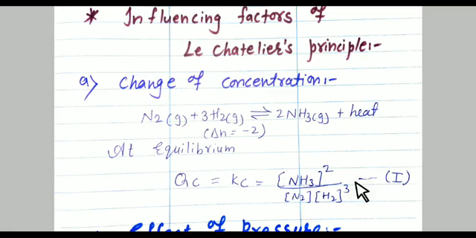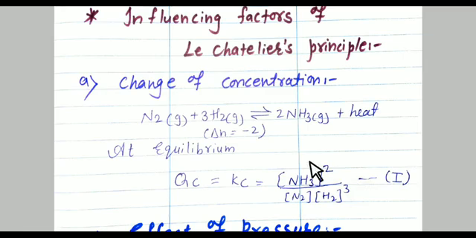How are we disturbing the equilibrium? We are adding hydrogen gas. When we add more hydrogen gas, the equilibrium is disturbed because we are adding extra hydrogen, and the system is no longer in equilibrium.